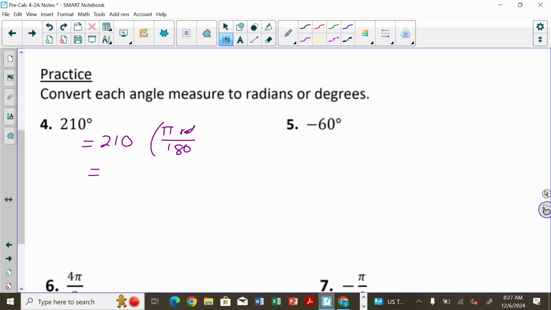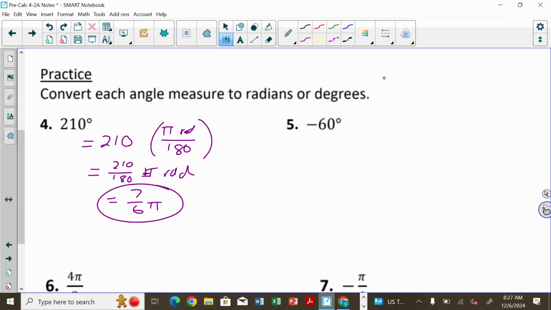Basically that's going to be 210 over 180 times pi radians, which then reduces to 7/6 pi. And that's it, that's all I have to do.